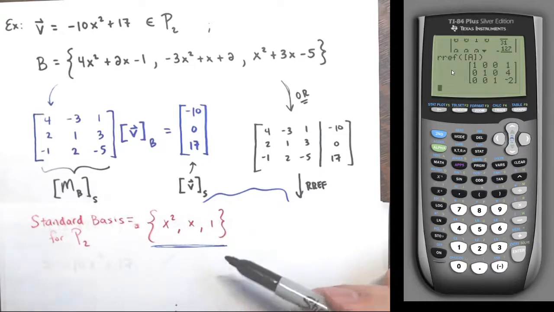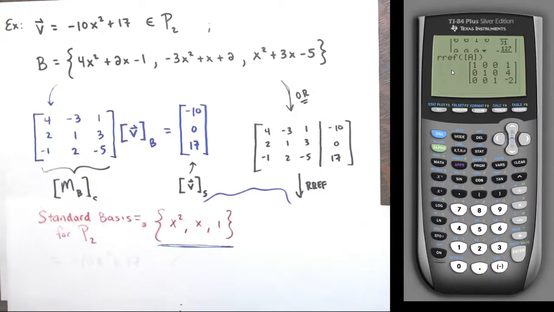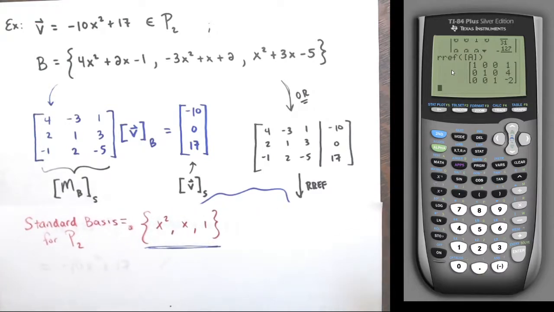There was a video I did earlier on general vector spaces where I talked about the standard basis for Euclidean space, the standard basis for spaces of polynomials of degree n or less, and the standard basis for spaces of m by n matrices. Those are the basic vector spaces I went over the standard bases for.